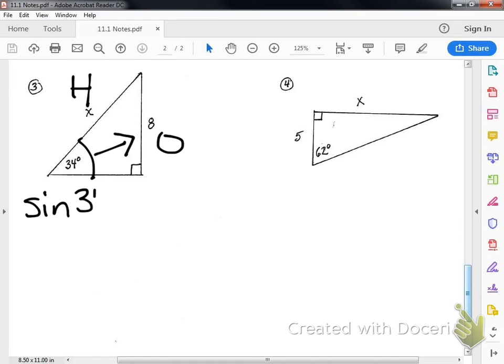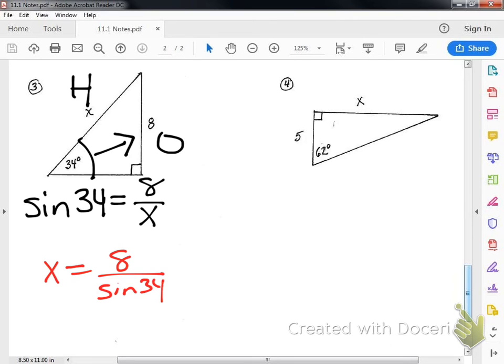So sine 34 equals 8 over x. All right, so again, you want to multiply by the x and then divide by the sine. So it's actually going to be x equals 8 over sine 34.